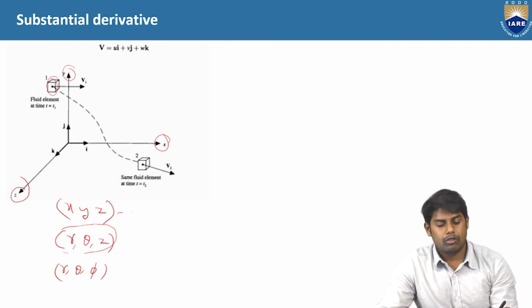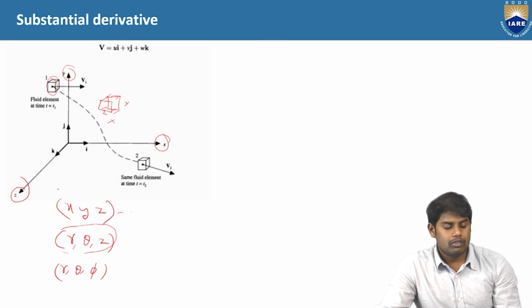Since it has regular dimensions, we can take Cartesian x, y, and z. That is why we have taken the Cartesian coordinate system to derive the substantial derivative.